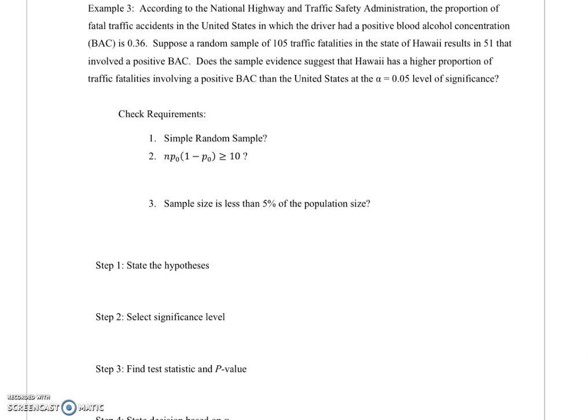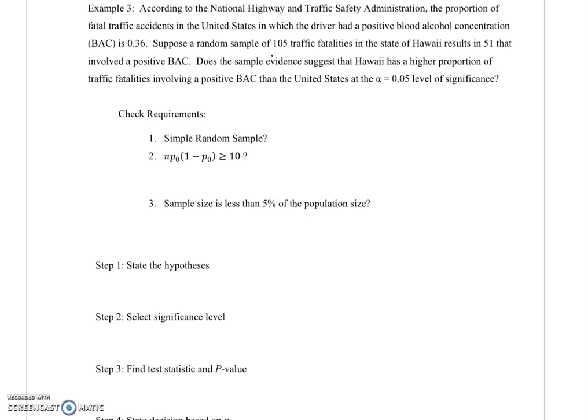Hopefully you tried to work example 3 on your own before you started this video. Let's go over it. According to the National Highway and Traffic Safety Administration, the proportion of fatal traffic accidents in the United States in which the driver had a positive blood alcohol concentration is 0.36.